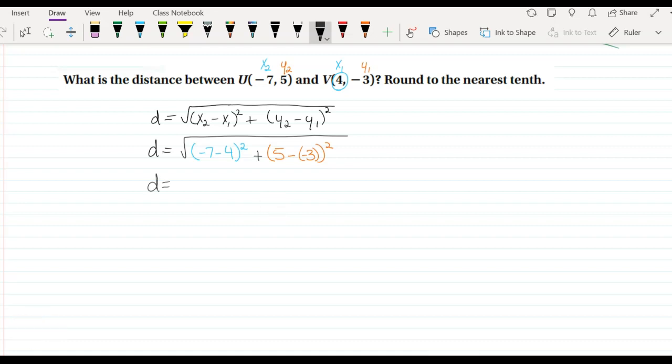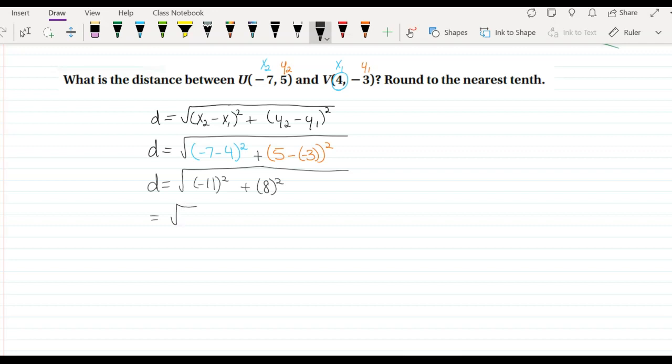So d is equal to the square root. See, negative 7 minus 4 gives me negative 11 squared plus 5 minus a negative 3. So that's going to give me 8, because remember, two negatives make a positive, squared.